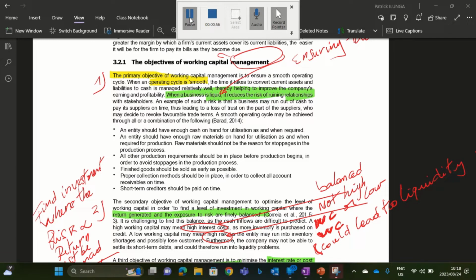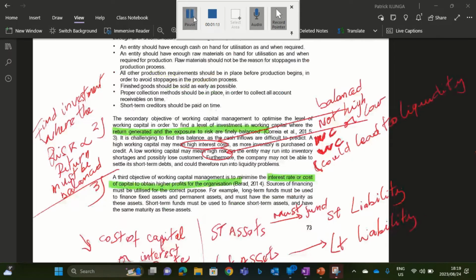And a low level of working capital has the high potential risk of running the business into inventory shortages. So the risk and the return need to be properly balanced.